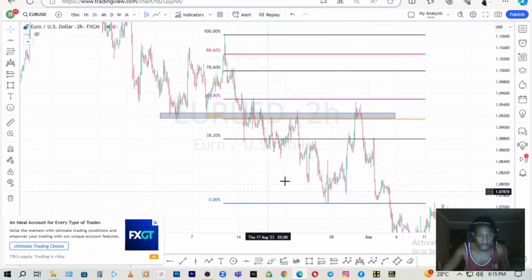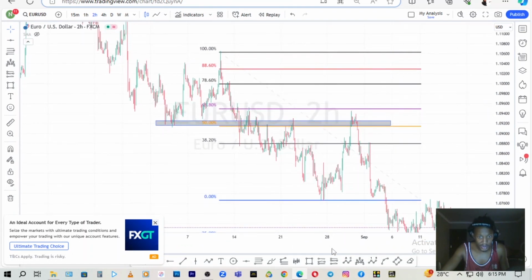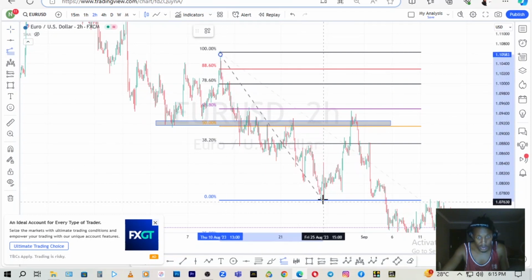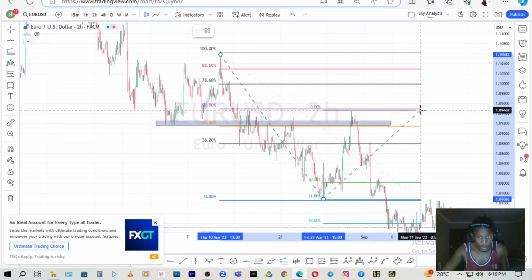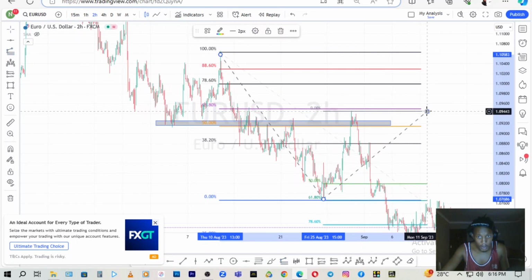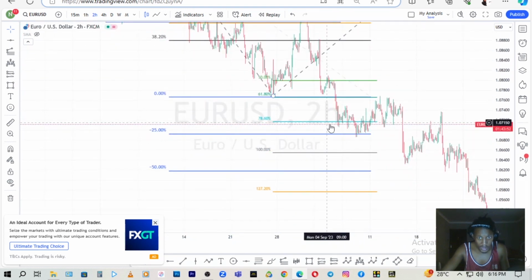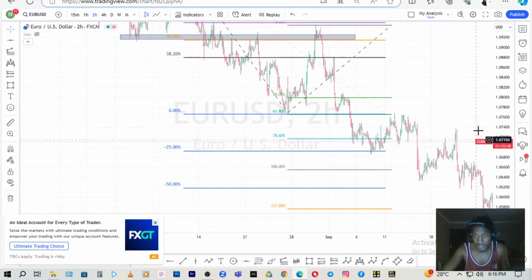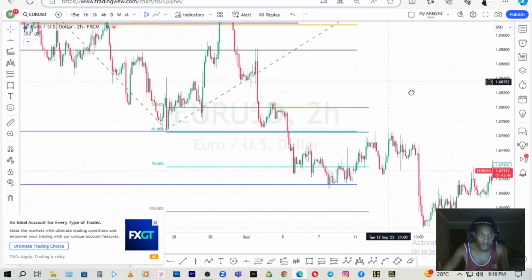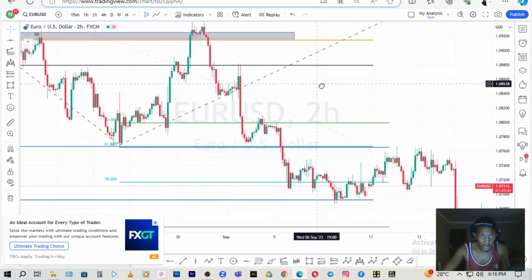And also let me just show you another one. I can also use this one for take profit purposes. My take profit is normally on the 78.6 level. So let me see.